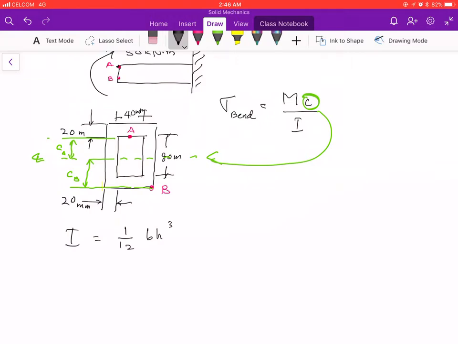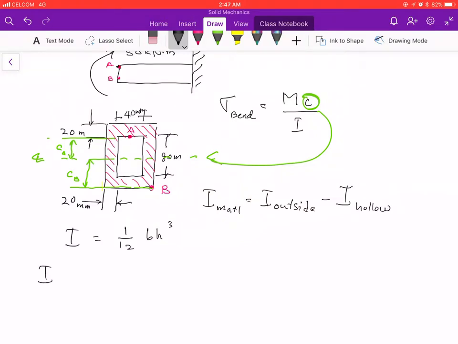Now, since this particular material is hollow, you need to only find the moment of inertia of the material. So the I of the material is going to be I of the outside minus the moment of inertia of the hollow section.